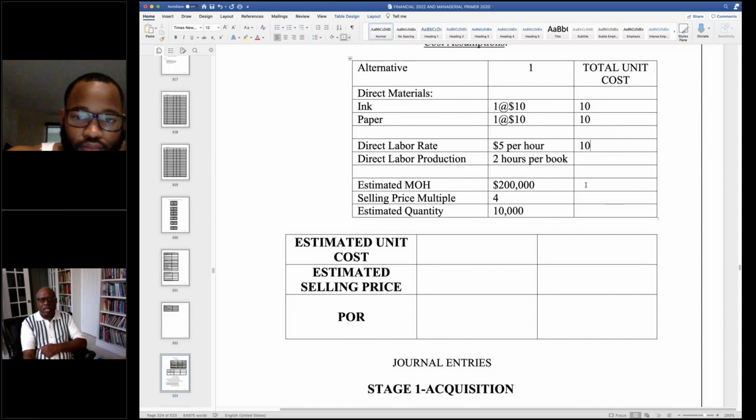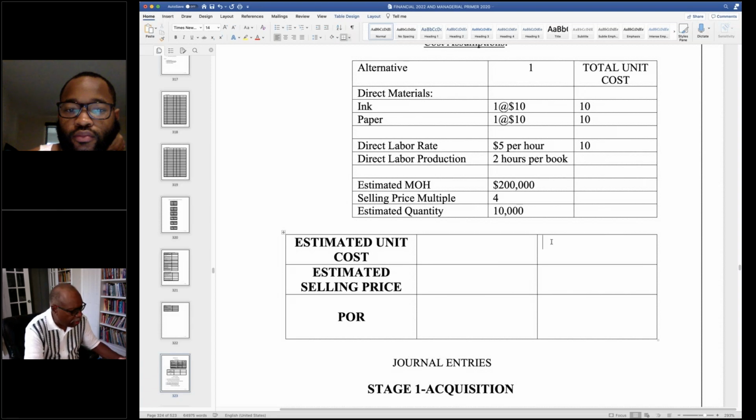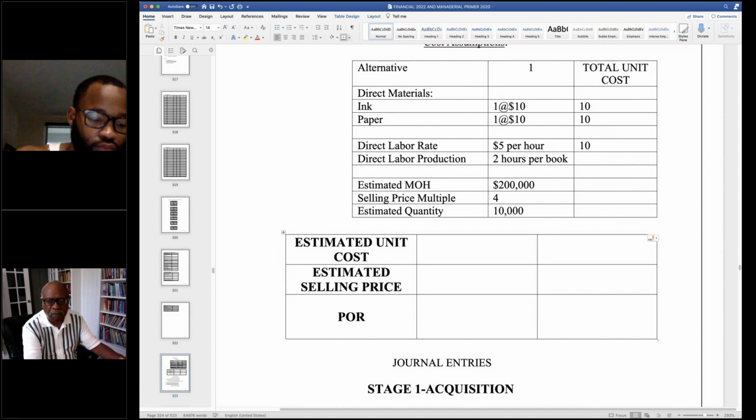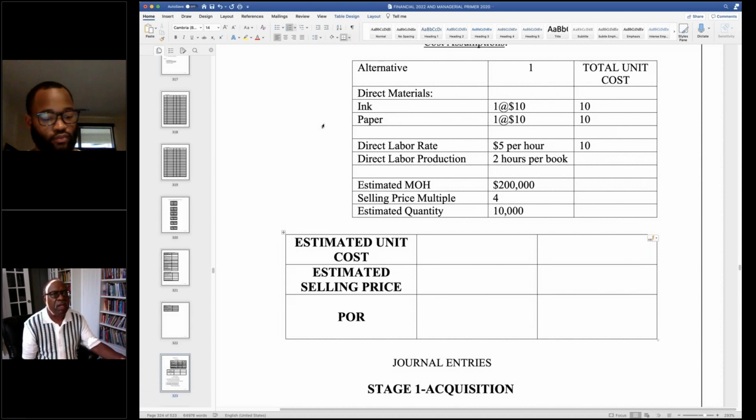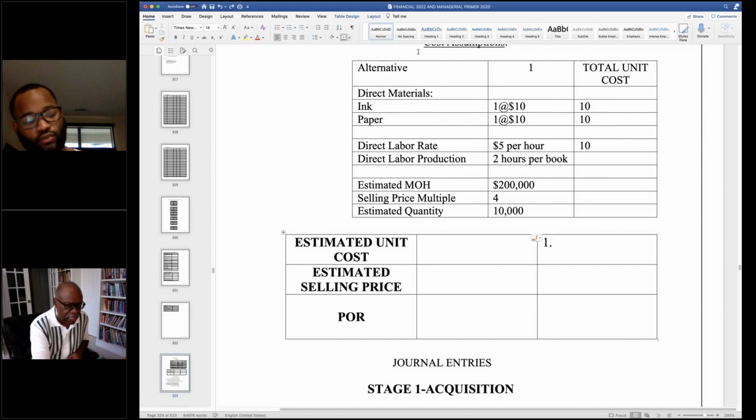Down here we need the overhead. And I'm going to come back to that overhead because we're going to come over here and work on the POR. In working with the POR, to get that, what's the amount on the first line on that template?